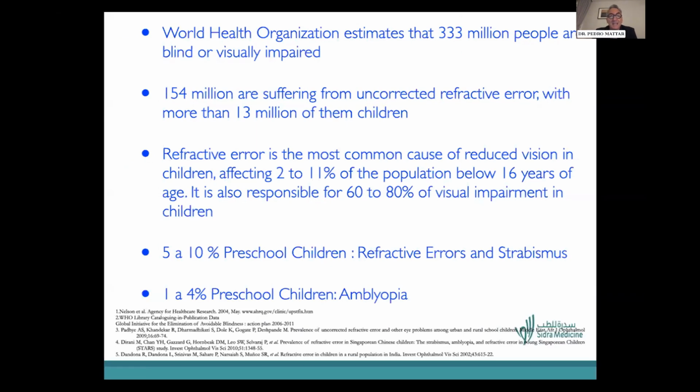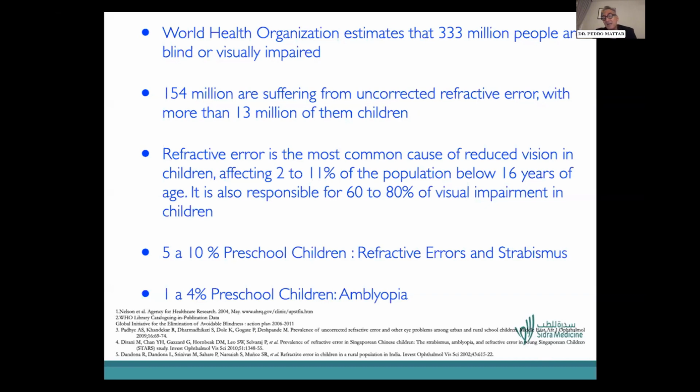Dr. Alex already talked about epidemiology. I just want to say something. Refractive error is the most common cause of reduced vision in children, affecting between 2 to 11% of the population before 16 years of age. It's also responsible for 60 to 80% of the visual impairment in children. And that's something that we need to know.